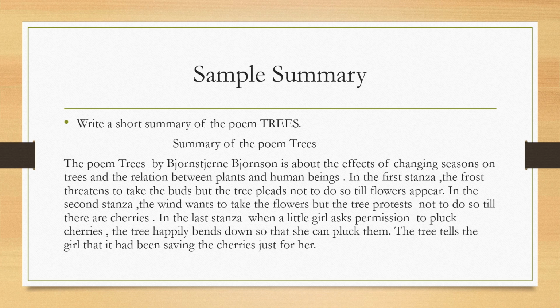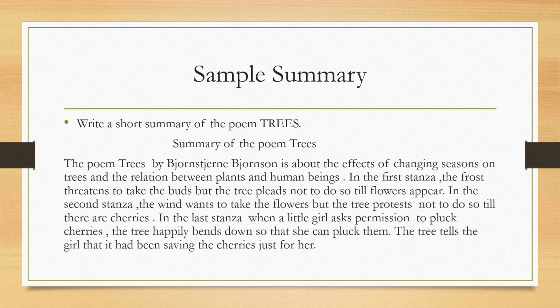So we don't mention the unimportant things here. Also, we focus only on the important point. And what is the important point? In the second stanza, the wind wants to take the flowers, but the tree protests not to do so till there are cherries.